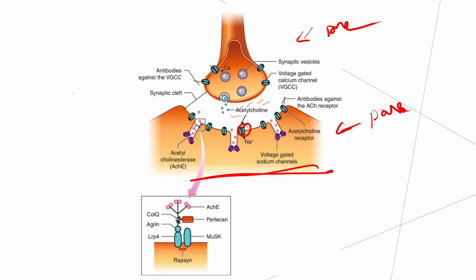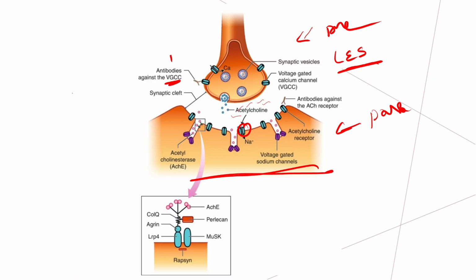Okay, there is another disorder which looks like myasthenia gravis. It's called Lambert-Eaton syndrome, which was the second differential in our list. In this disease, there is no antibody to the acetylcholine receptor, but there are antibodies to what? To the calcium channel, okay, voltage-gated channel.